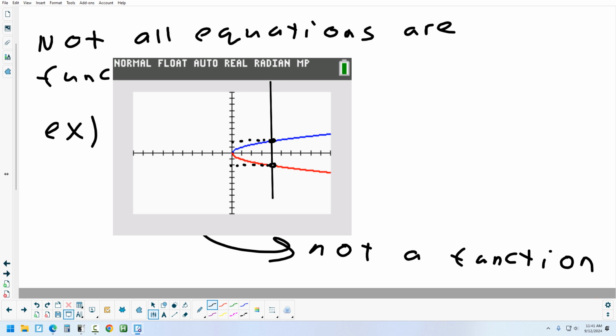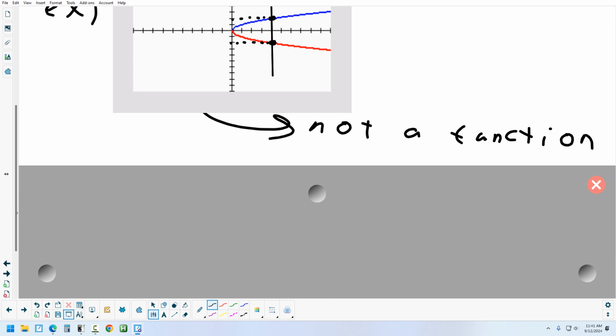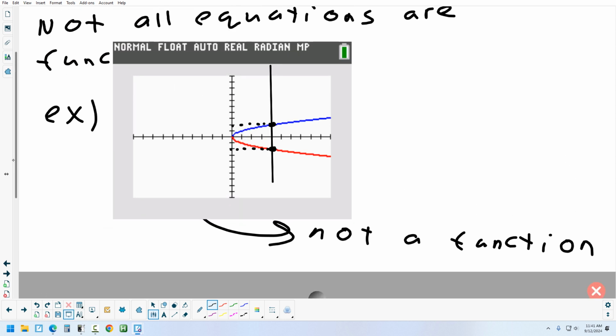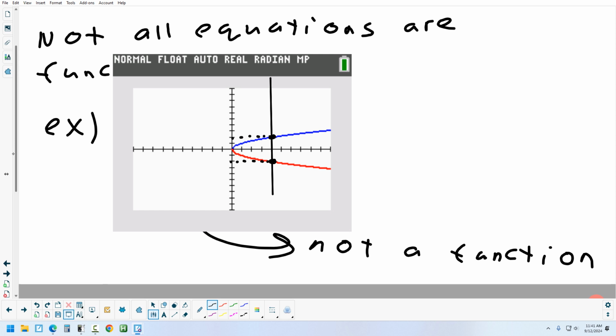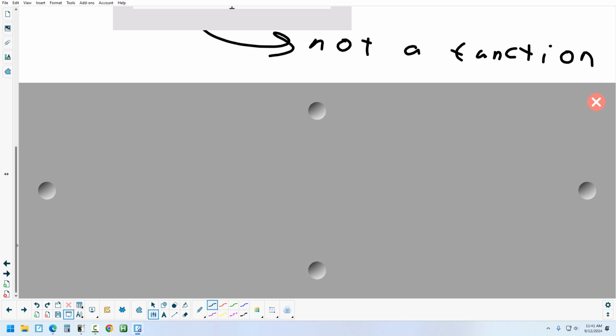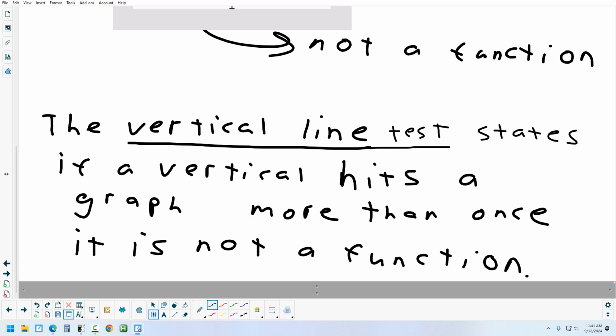So there is something called the vertical line test to see if something is a function. If you draw a picture and it is a function, a vertical line will not hit twice. If you draw a vertical line and it does hit twice or more, it's not a function.